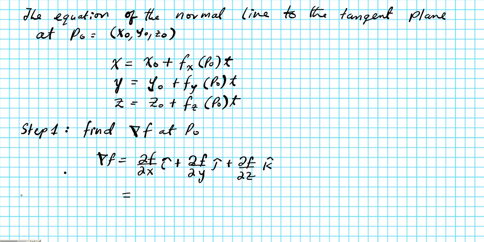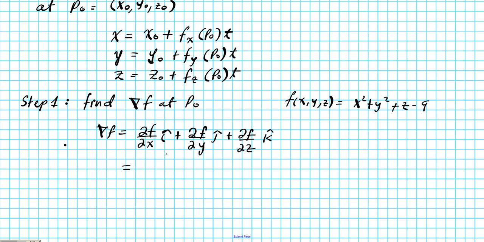All right. So this is what we're going to be operating on, the original function that we have. Let me write it here again so I don't keep scrolling up and down. It's x squared plus y squared plus z minus 9. So the gradient at any point is going to be 2x. If we differentiate this function with respect to x, everything else is a constant. So we apply the power rule to x squared, we get 2x, the partial x cancels out.